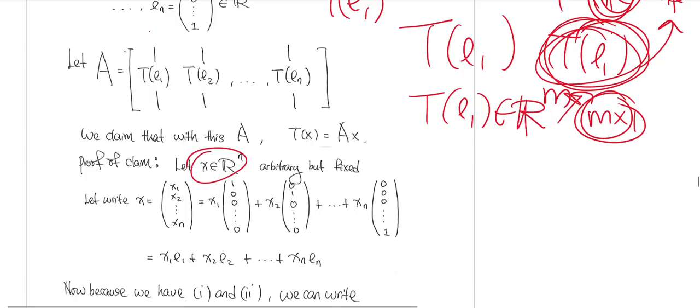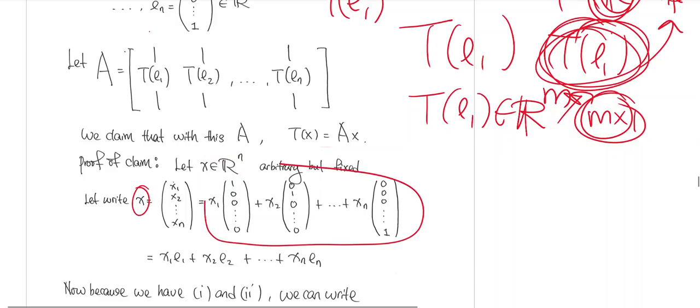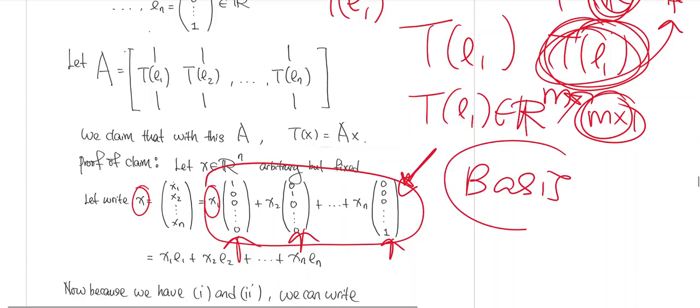Once we have this x, its entries are x1, x2, all the way to xn. So this x in R^n, which is an n by 1 column vector, can be written as a linear combination of e1, e2, all the way to en. These are something we call a basis, but we will look at this in later chapters.